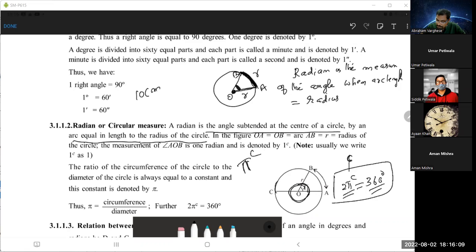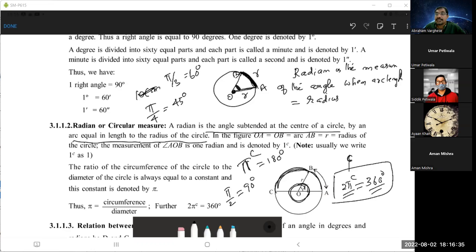Pi radian means the half circle, so pi radian will be equal to 180 degree. Pi by 2 radian will be equal to 90 degree, pi by 4 equal to 45 degree, pi by 3 equal to 60 degree, and pi by 6 equal to 30 degree.